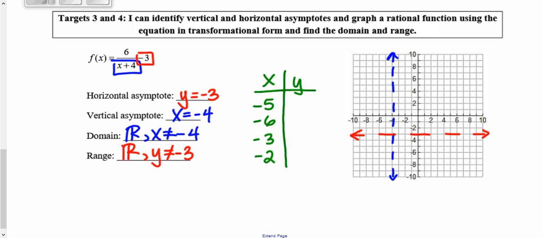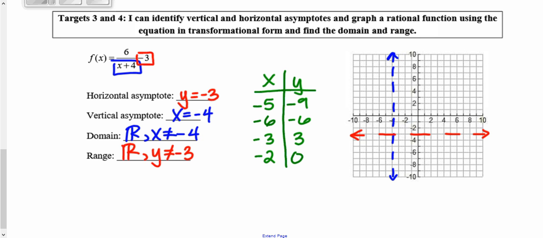So replacing x with -5 would give me a -9. If I replace x with a -6, that would be -6. With a -3, that would be 3. And with a -2, that would be 0.